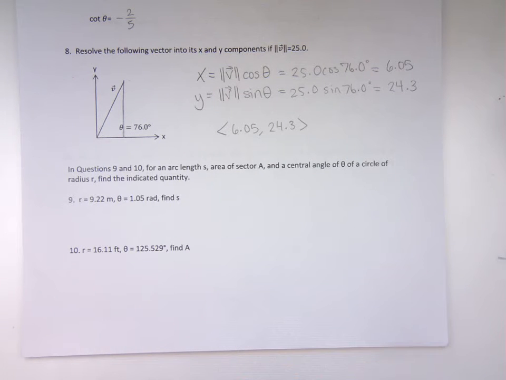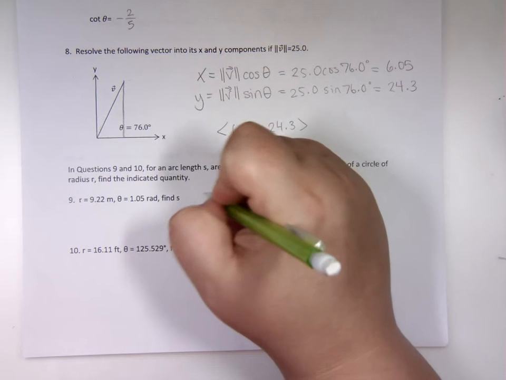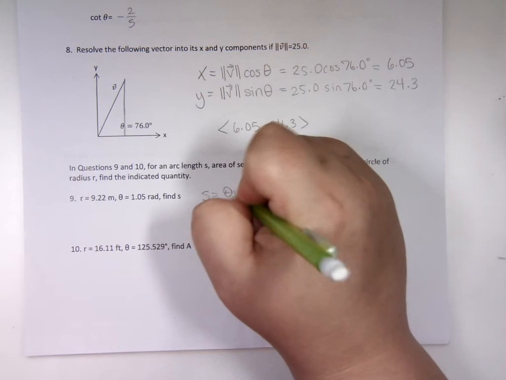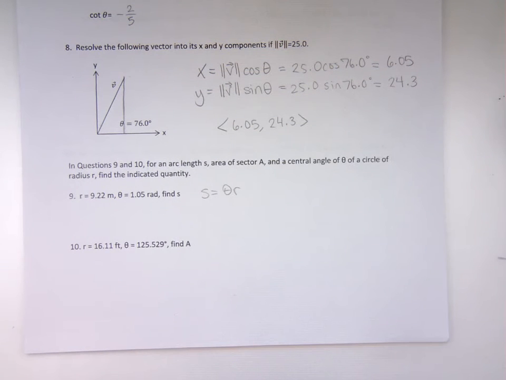We're given some information about a circle, and we're asked to find other bits of information. So, arc length. We know that arc length is equal to theta times r. So this one's pretty easy, nice little plug and chug.